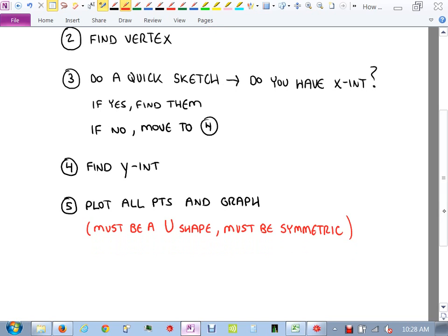There's always only one y-intercept. All right, you ready? We're only going to have time to maybe sketch 1 or 2, and then next class we'll pick up and do some more.